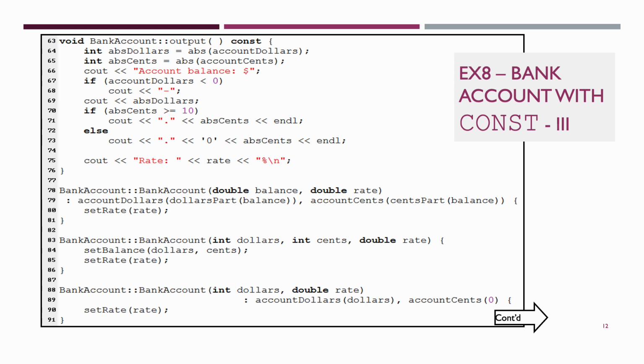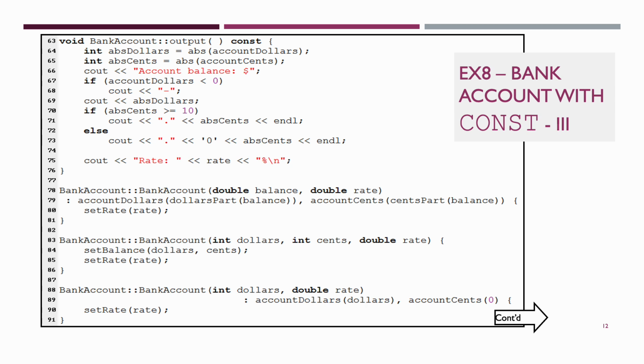Since the output function is meant only for displaying data, it is declared as constant, as it's not modifying anything. This ensures that calling output does not alter any member variables. It also begins by calculating the absolute values of account dollars and account cents to handle the display of negative balances properly. This is done using the abs function.